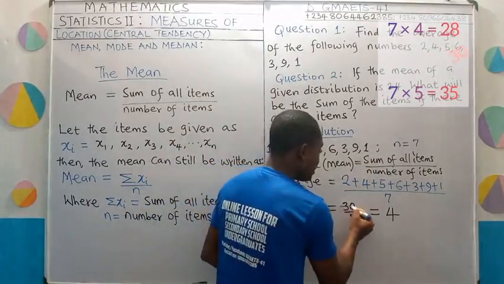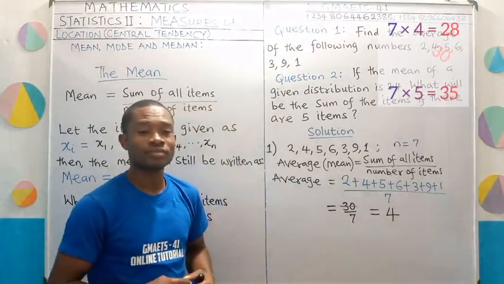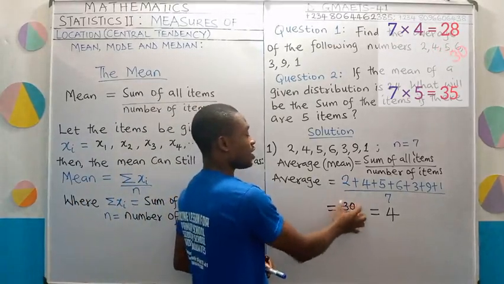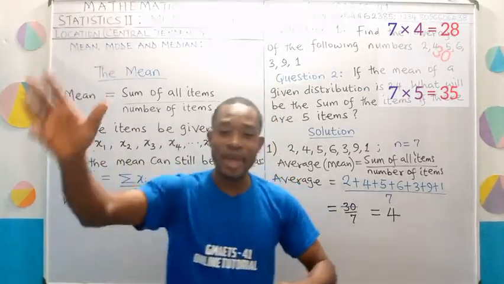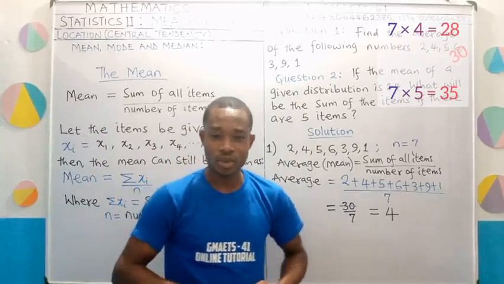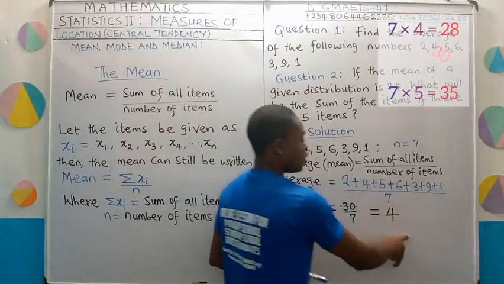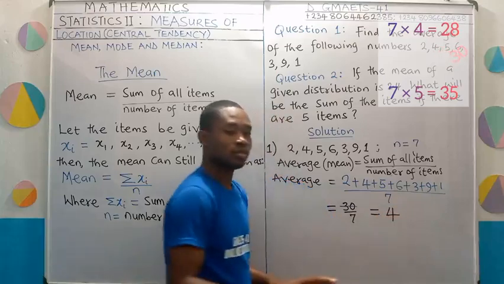So what do we do? Would we now throw away the remainder? No. We can write it as 2 over 7. So this will become 4 whole number, 2 over 7.